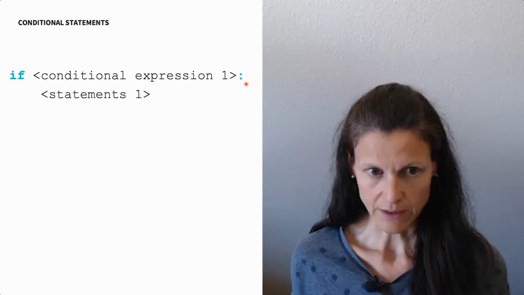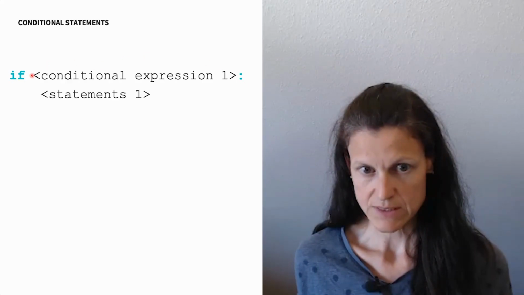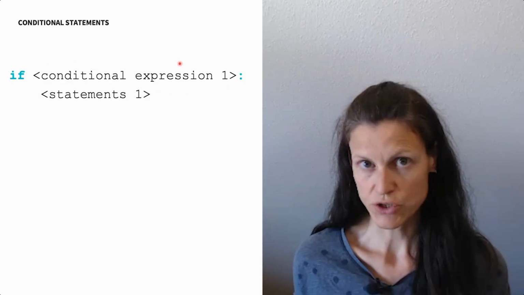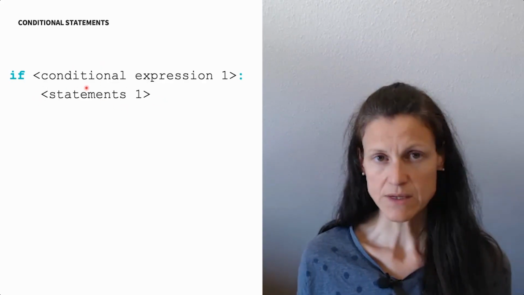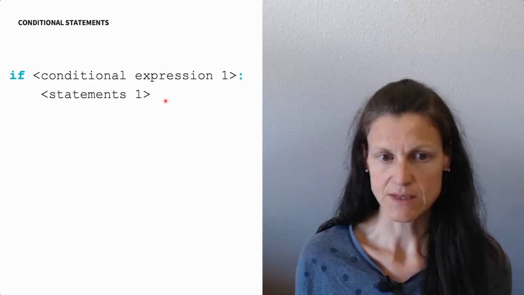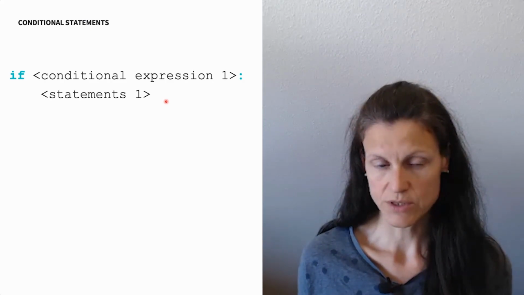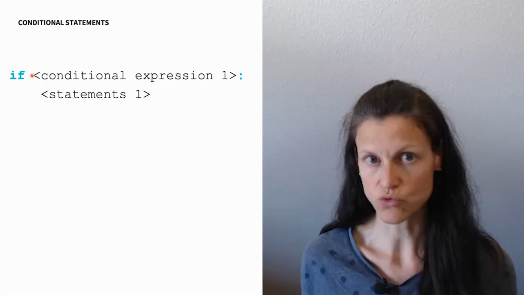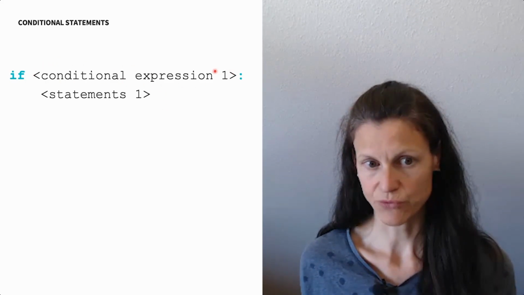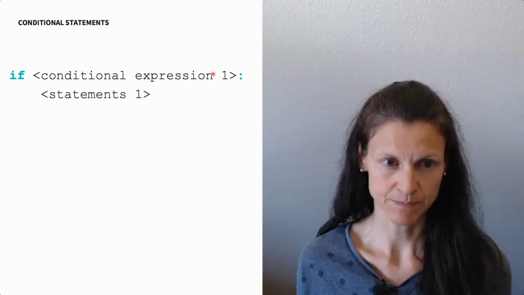Here in the triangular brackets, these are placeholders for a conditional expression and for statements. The semantics of this if clause is that the statements are only executed if the conditional expression up here is evaluated to true. If it's evaluated to false, then the statements are skipped.